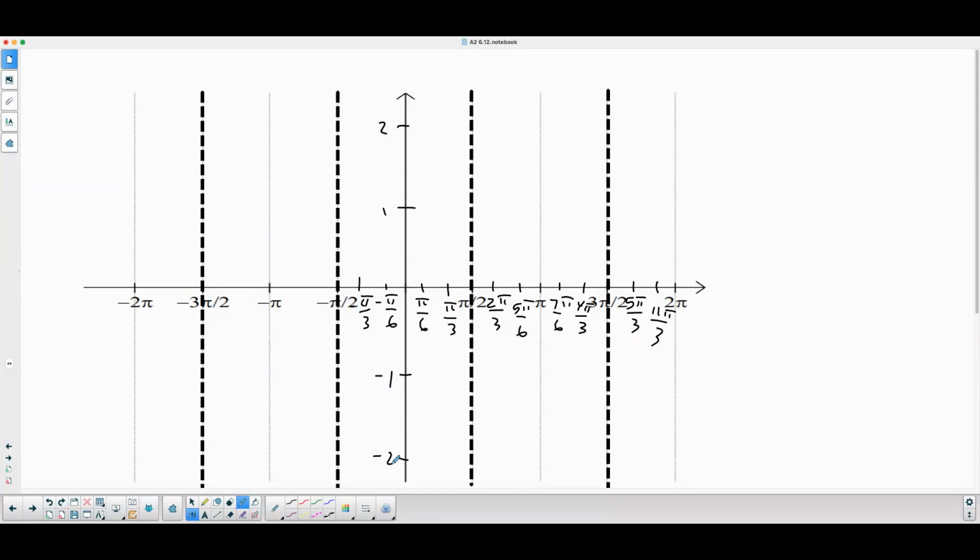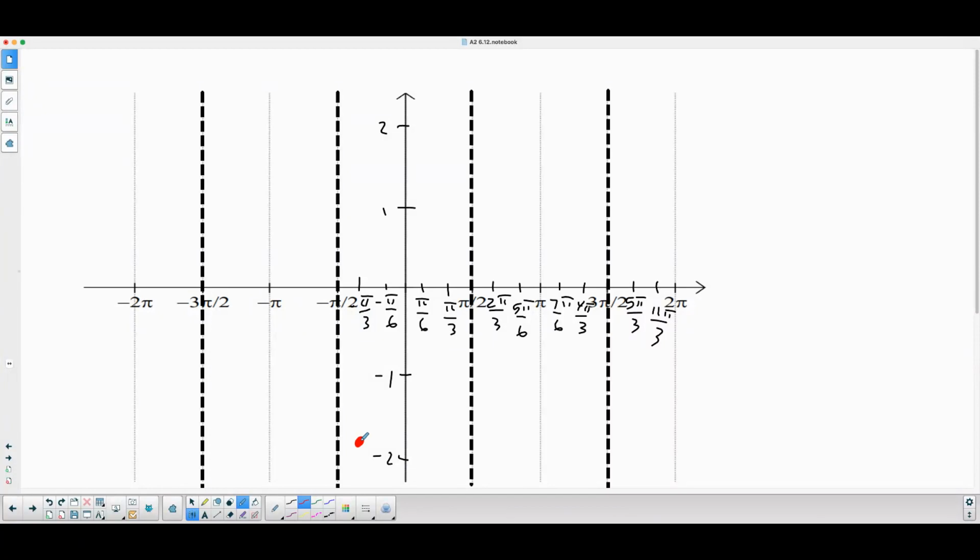And then what I'm going to do is I'm going to plot my points from my table. So I'm going to go back to my table, and I'm going to plot the points. So hopefully you wrote them down. You paused the video, wrote them in your notebook. At negative pi over 3, we're at like negative 1.74.